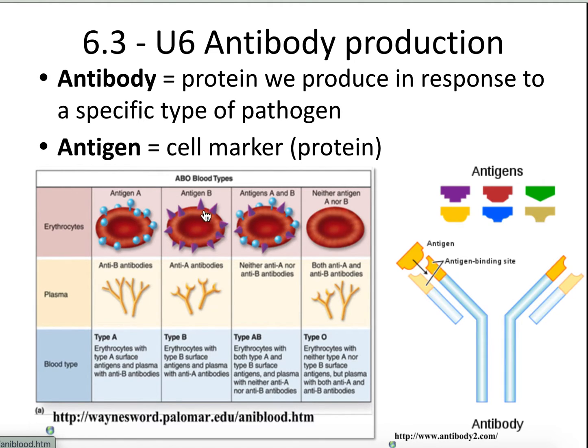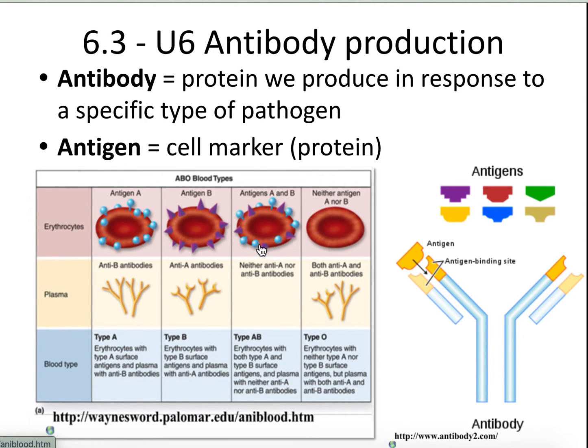So someone who has type B blood has these antigens on their blood cells. So mine would be more circular. Notice that someone who has type B blood has the antibodies for type A blood. So they are the same shape as these. So if they ever enter this body, the antibodies can attach to it and attack it and start breaking them down before they circulate in the body.